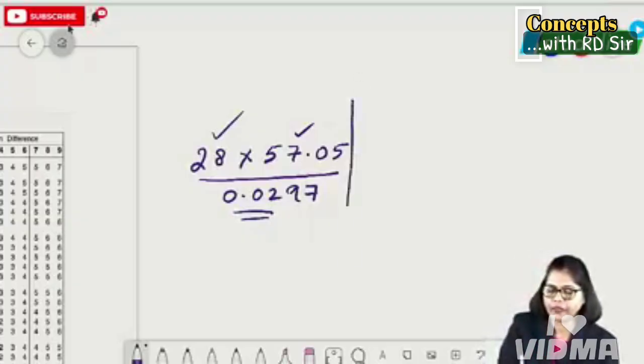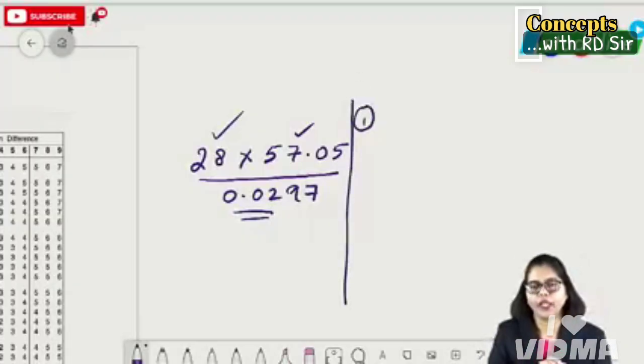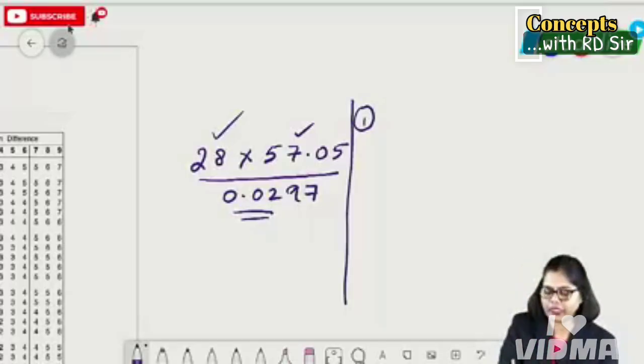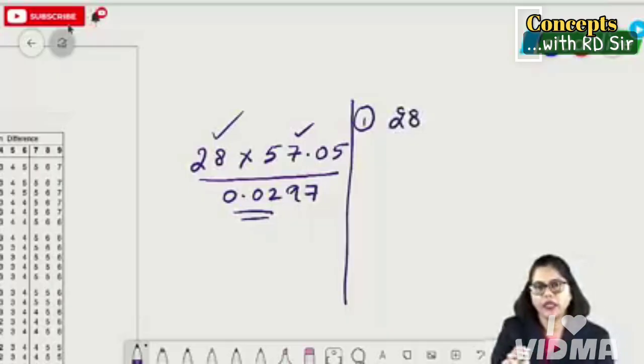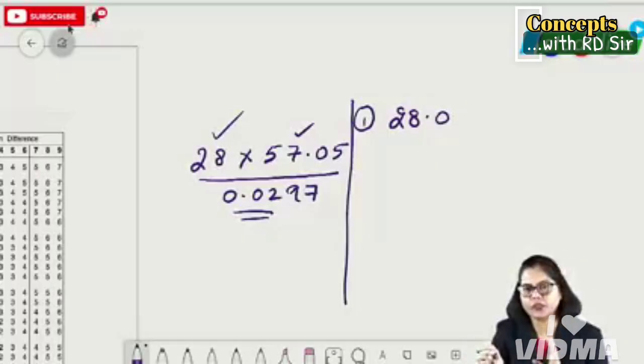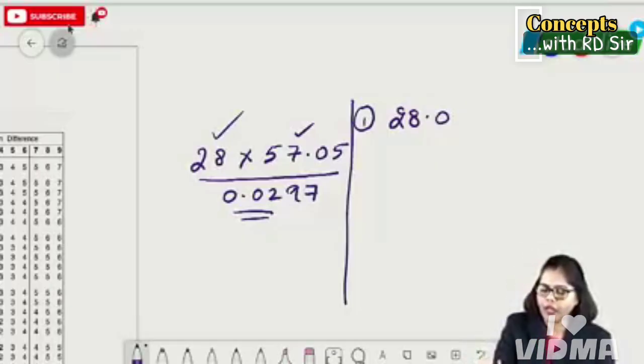The first rule: suppose the number is 28. Here I can write a decimal and zeros after it, no problem. After the decimal we can put any number of zeros. What we have to remember is, before the decimal you check the number.